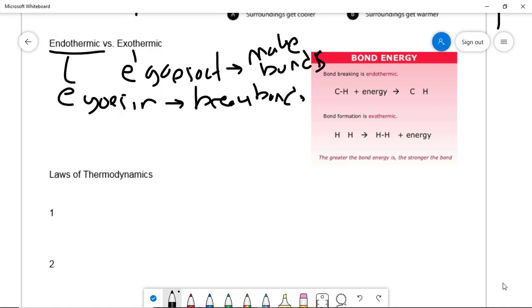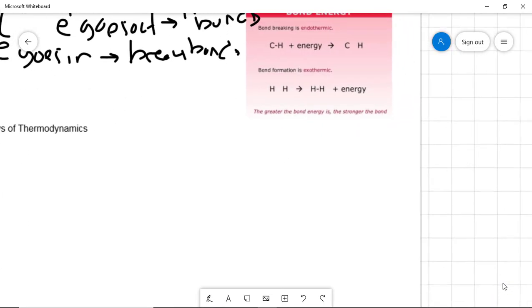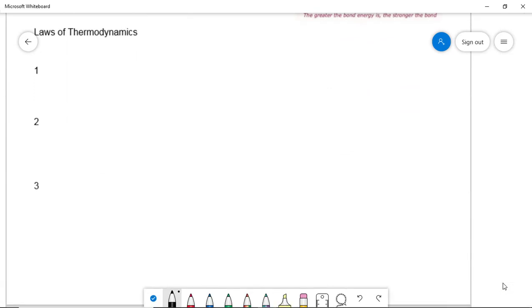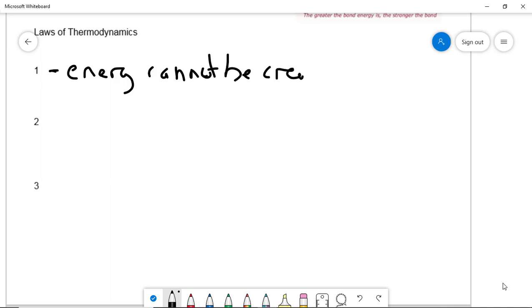Let's talk a little bit about the different laws of thermodynamics, and I don't want to get into too much detail. The first one basically just says that energy cannot be created or destroyed.